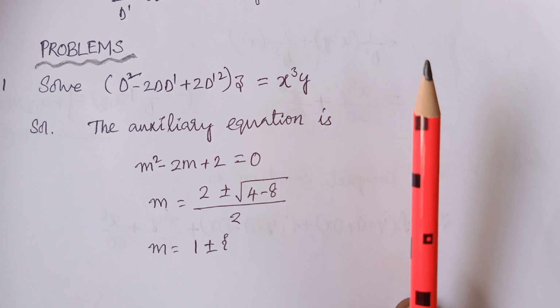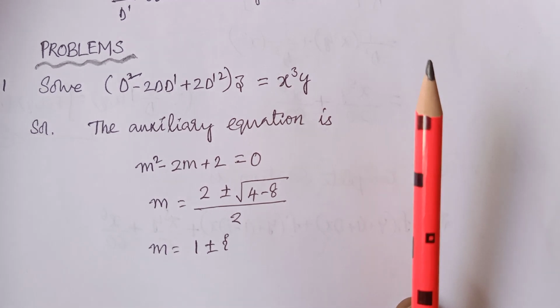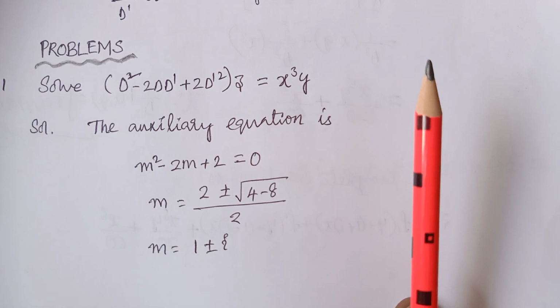Finding the roots, m is equal to 2 plus or minus root over b square minus 4ac, that is 4 minus 8, by 2. Therefore the roots are imaginary: m is equal to 1 plus or minus i.